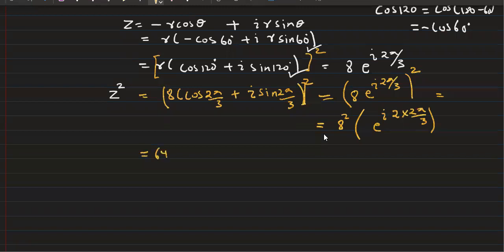Now 2 into 2 pi is 4 pi. So it will be e to the power I into 4 pi by 3.